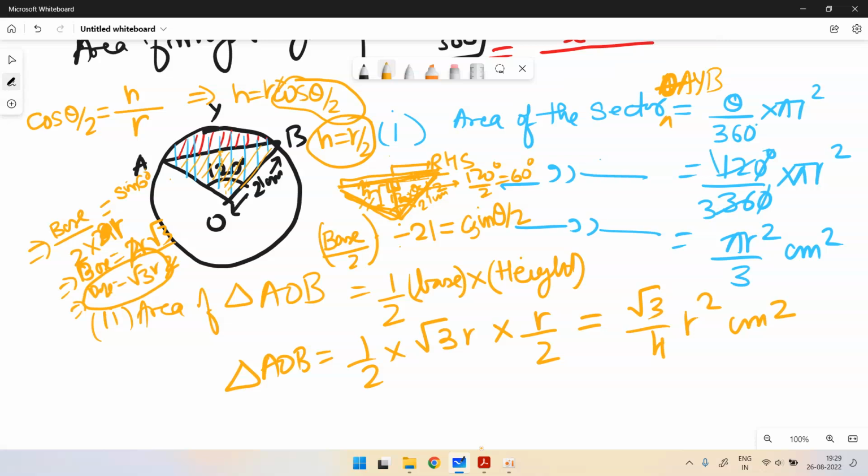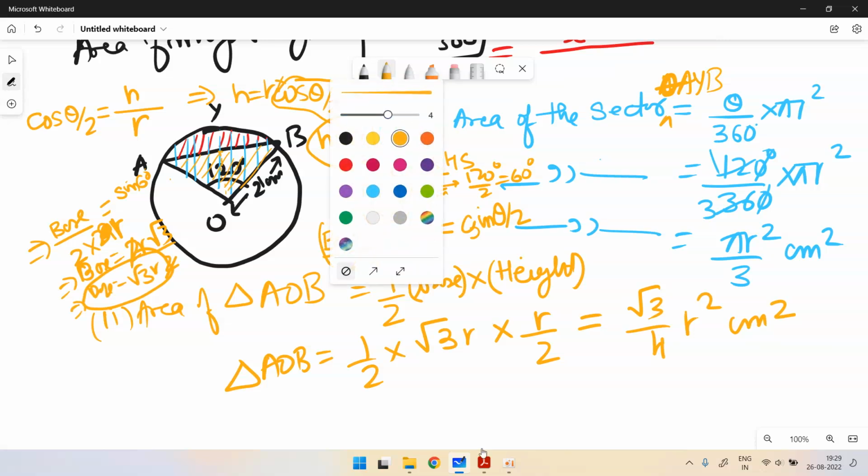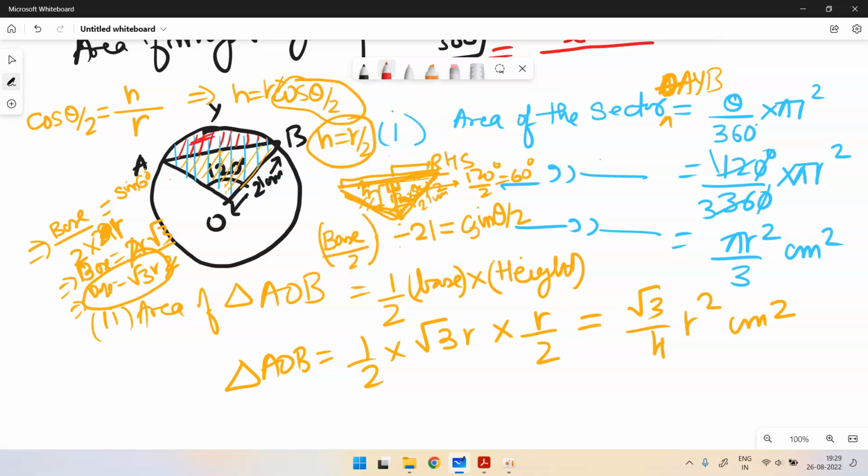Now you need to find the area of the shaded part, the red part. You need to calculate the area of this part. So the area of the shaded portion is equal to area of sector minus area of triangle.